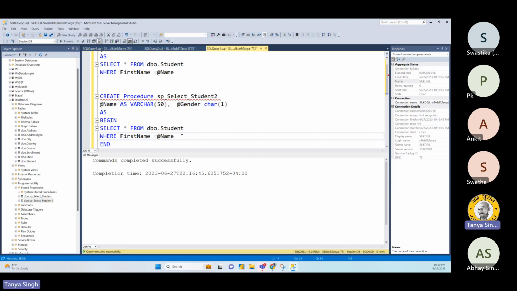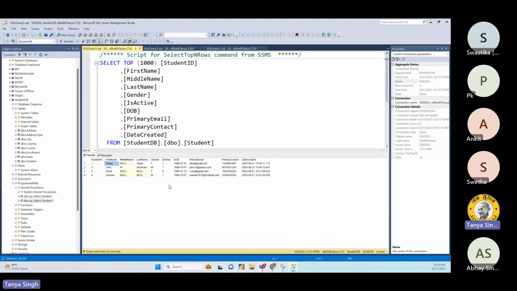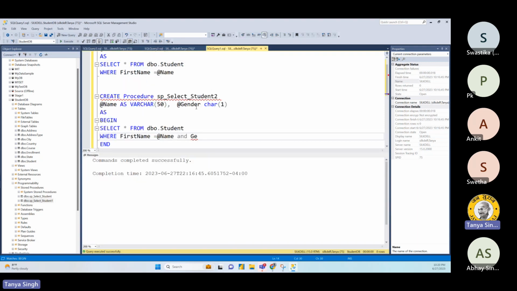And what we need to know is where first name equal to this, and now your query would be gender and, sorry. Gender is not a good one, but anyway, if gender will not match, that will not work. Okay, is active. Is active is better. At the rate is active, right?